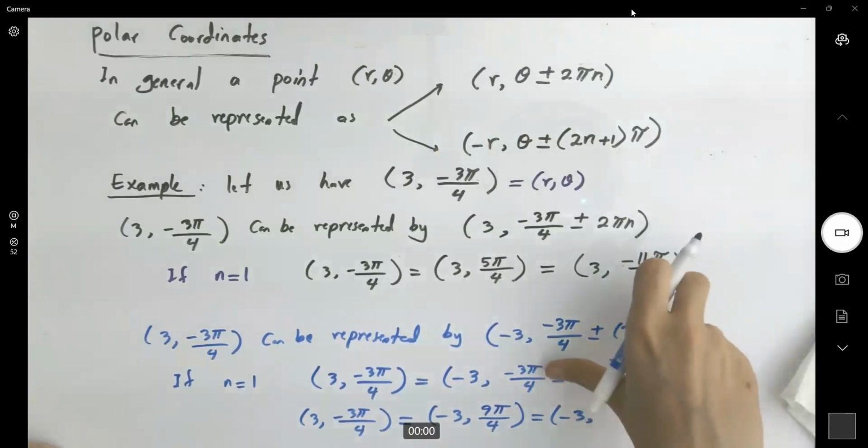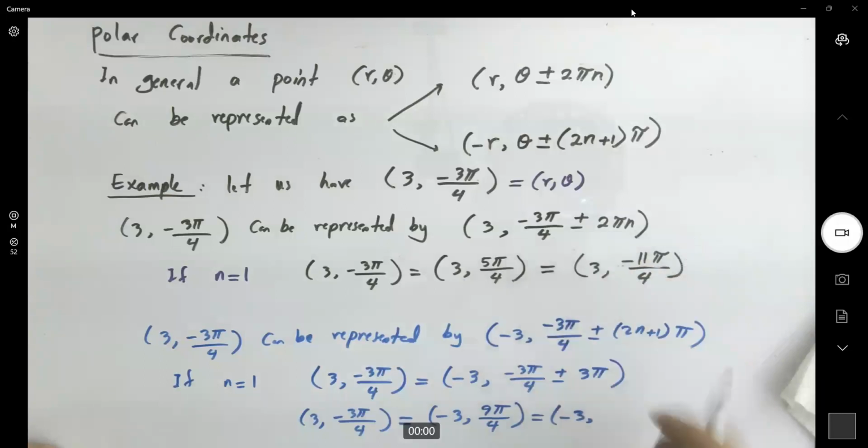And if I just do the subtraction, I have negative 12 minus 3, negative 15 pi over 4. These points, they are all equivalent to each other. If you graph them, they show the same position in the polar coordinate world.